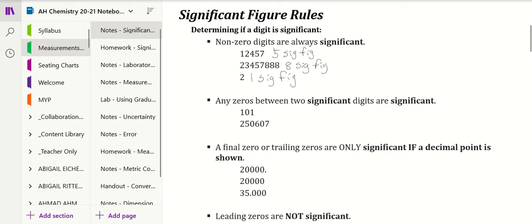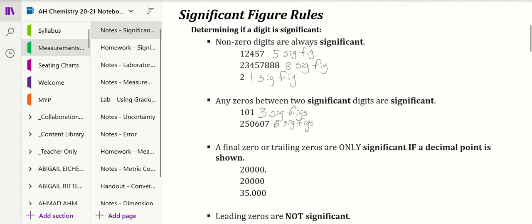That 0 is between two non-zero digits, so it's significant. Then the next one, 1, 2, 3, 4, 5, 6. So zeros between non-zero digits are significant.